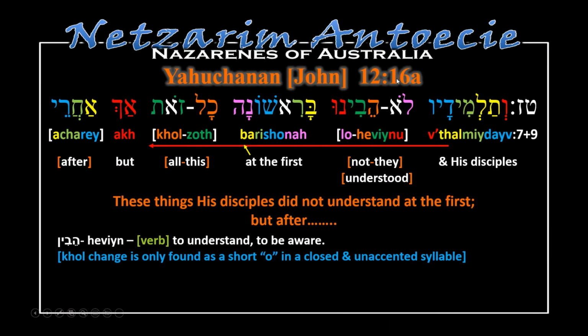And because we're in verse 16, we see that in Hebrew it's represented by a Tet, which has a value of 9, and a Zayin, or a Zion value of 7. So we get 16. And then the letters are Vav, Tav, Lamed, Mem, Yod, Dalet, Yod, Vav, Lamed, Aleph, Hey, Vayet, because there's no dot there. And then we have a Yod, Nun, Vav, but it'll be an U sound because of the dot.